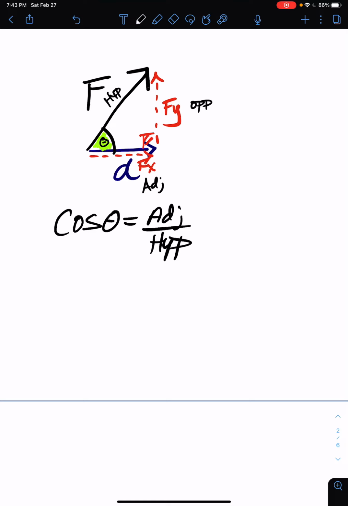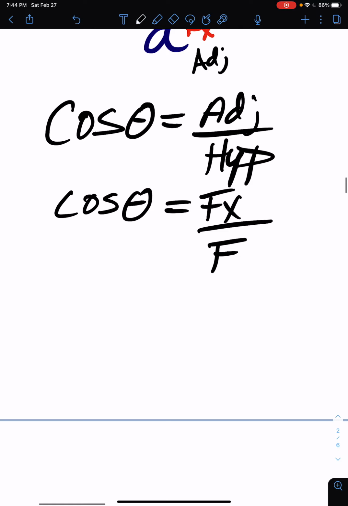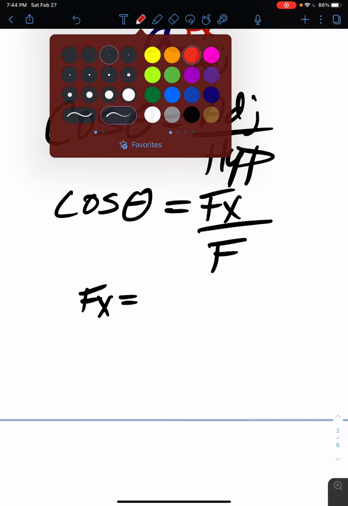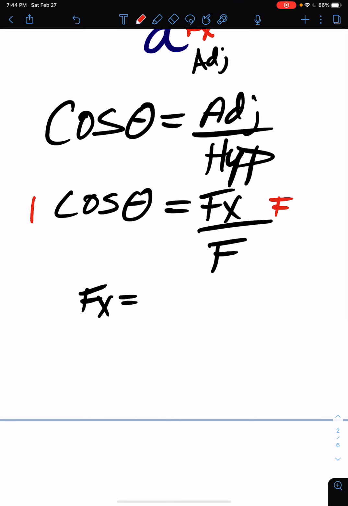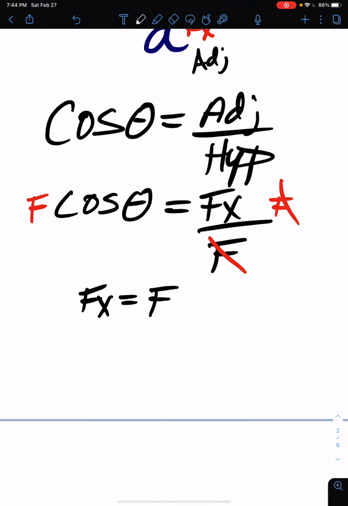And I can write the cosine of theta is equal to F of X over F, because the hypotenuse is F. And you can see if I write one more line here, I can solve for F of X just by multiplying both sides by F, right? I can solve for F of X and say it's equal to F cos theta.